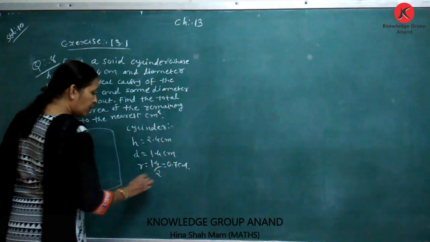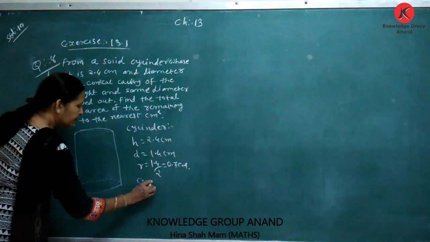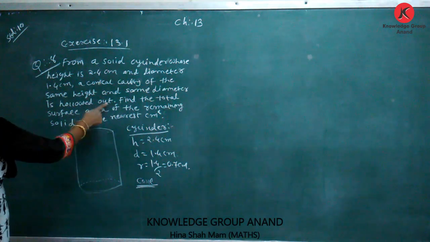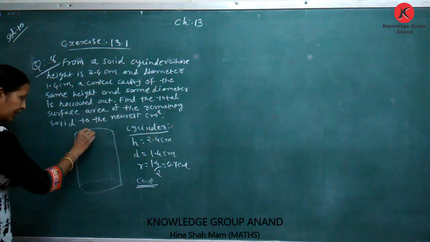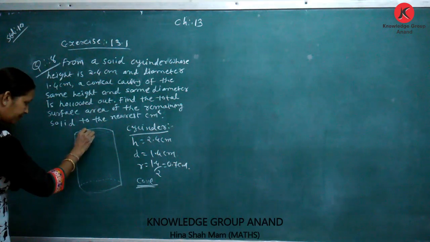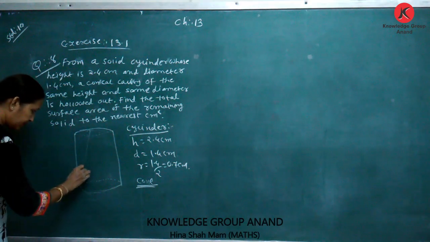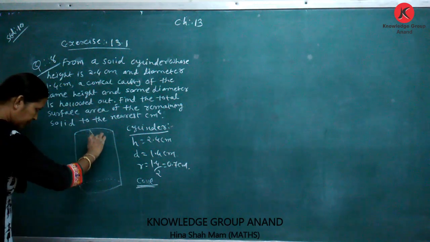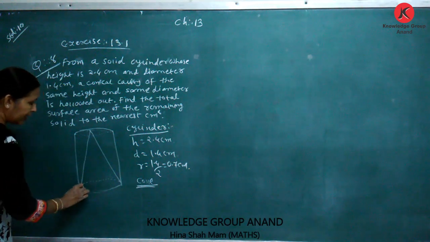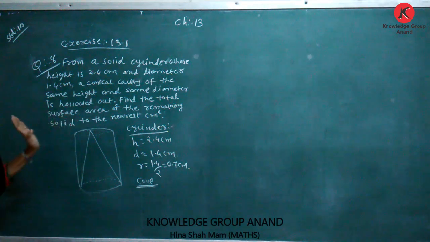Here, for the cone, it is hollowed out. Suppose it is a conical cavity. Its same height and same diameter.